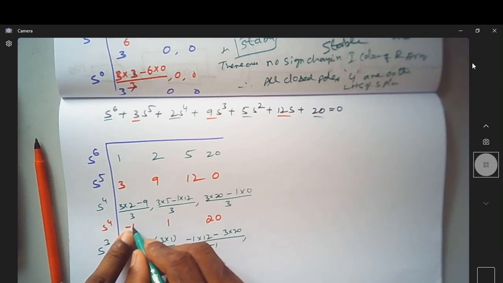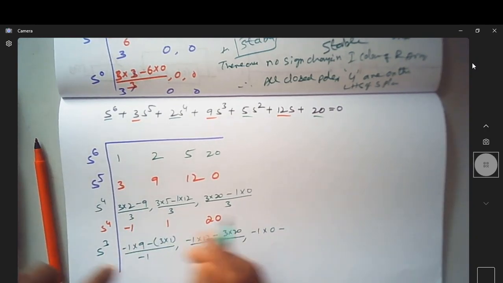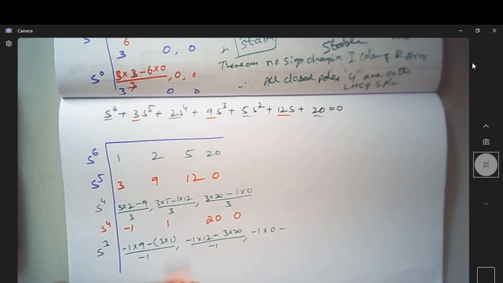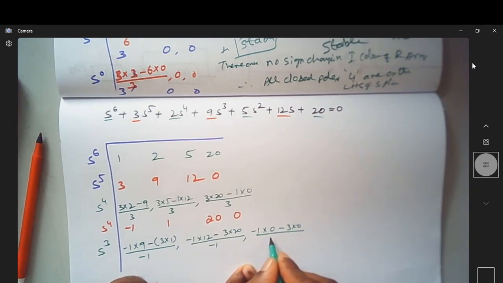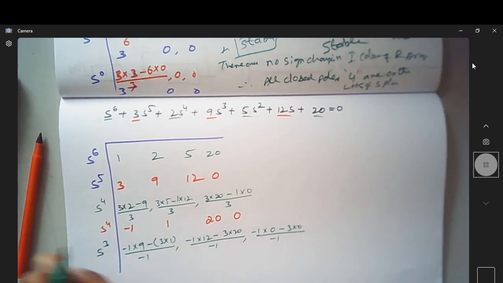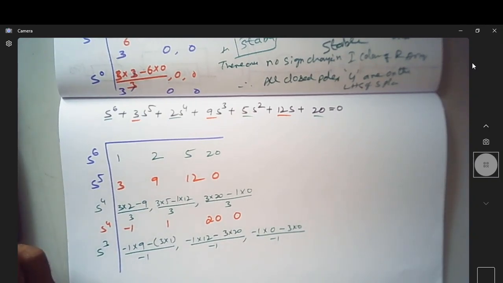The third term is minus 1 into 0 minus 3 into 0 by minus 1. So you have minus 9 minus of 3 divided by minus 1, so it's actually 12.